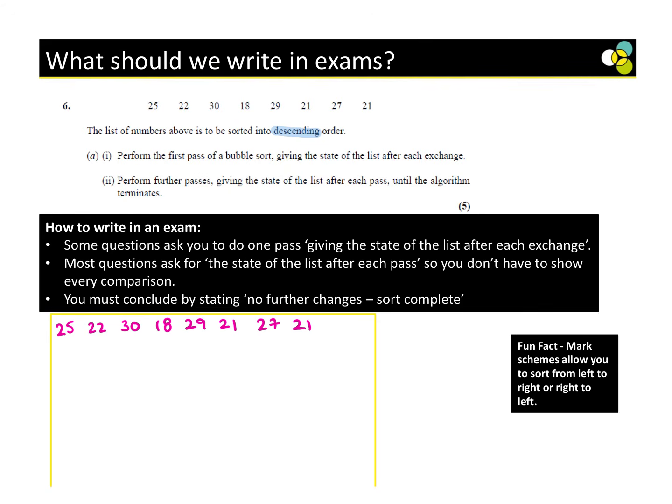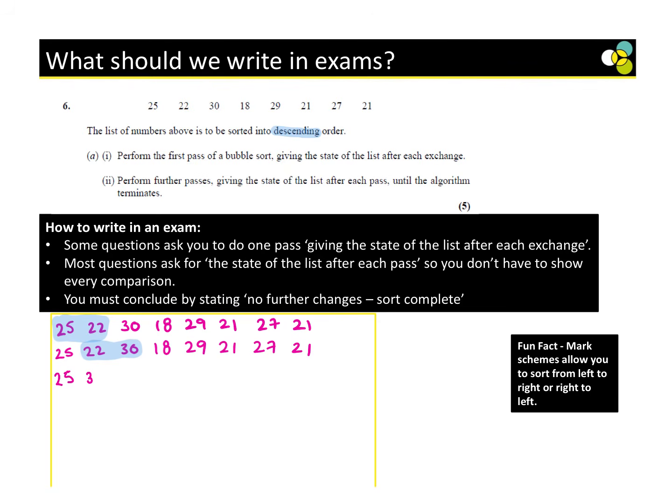Okay? So, step 1, 25 and 22. We didn't swap them. Write the list again, because 25 is bigger than 22. Remember, we're doing descending this time. Okay, the next one, 22 and 30. We are going to swap them.